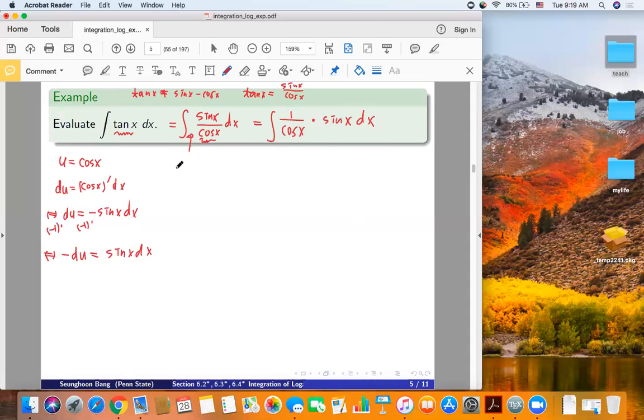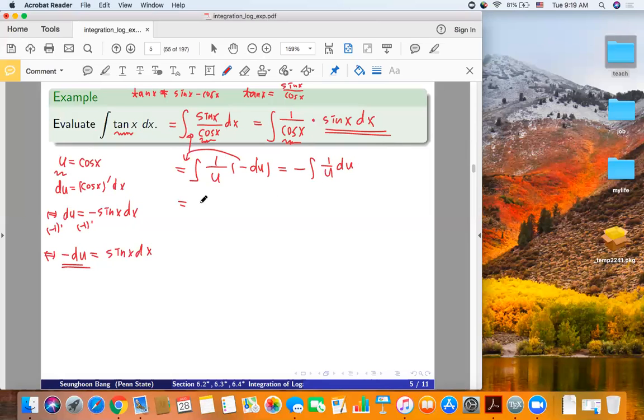The next integral, 1 over, so this cosine of x is here, u. Sine x dx is here, negative du. So we have, take out -1, negative integral 1 over u du.